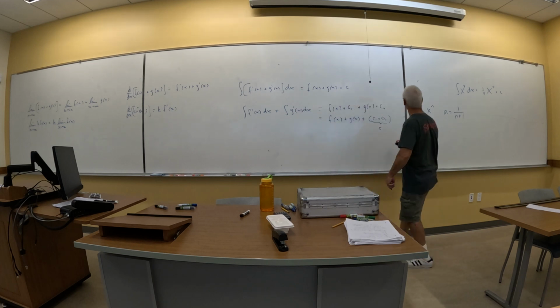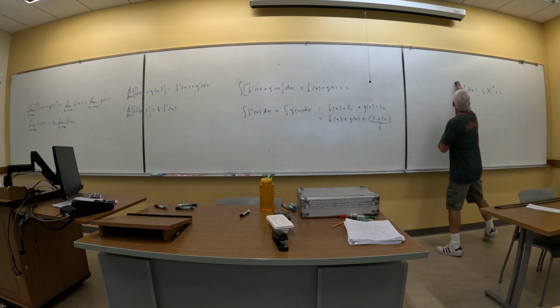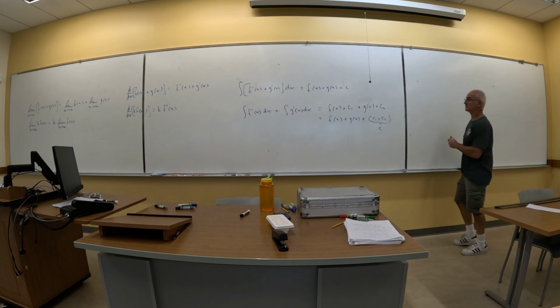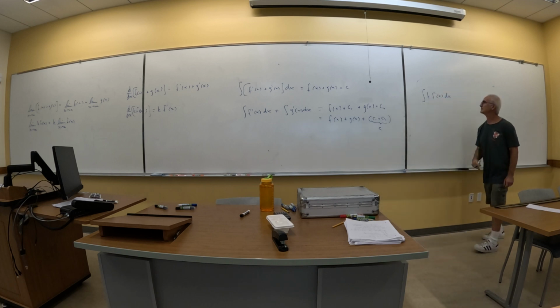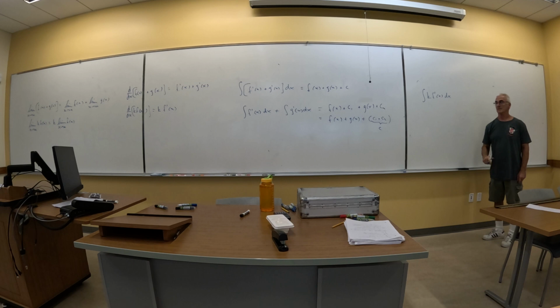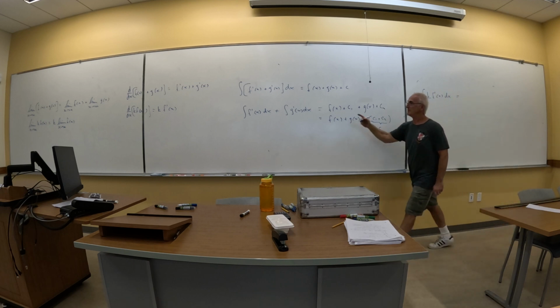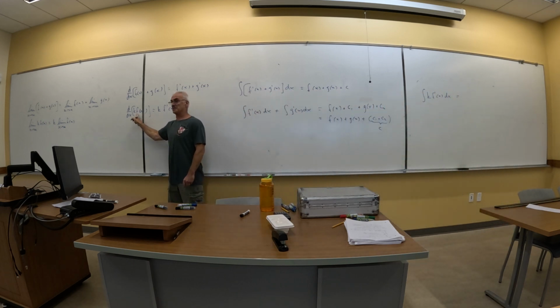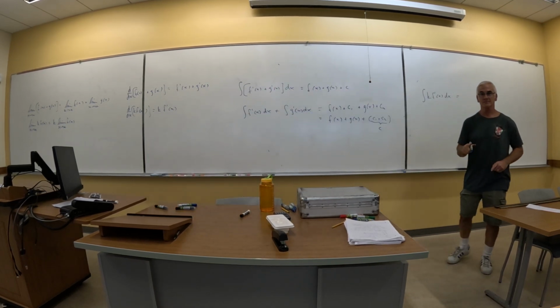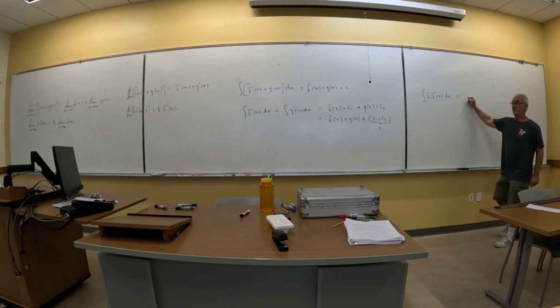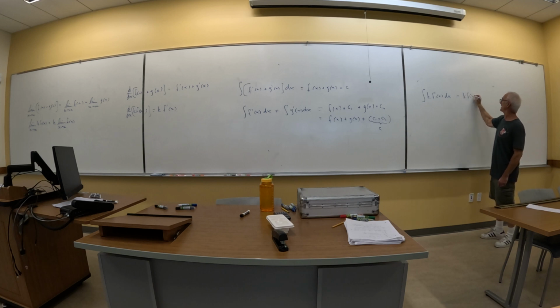Secondly, let's look at the second one. What about scalar multiples? I want to integrate the scalar multiple of f prime of x dx. Well, I know what it's supposed to be. It's supposed to be k times f of x. Everybody agree? This is supposed to be k times f of x.